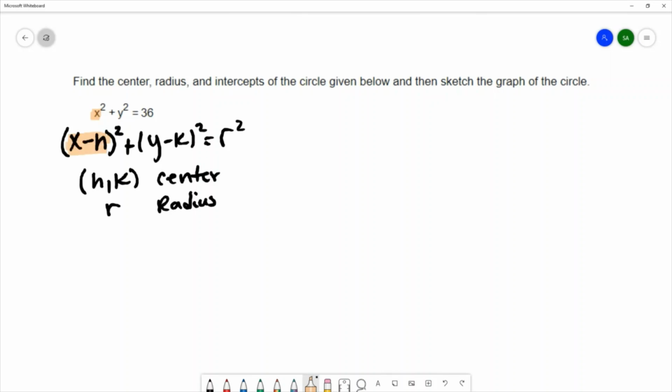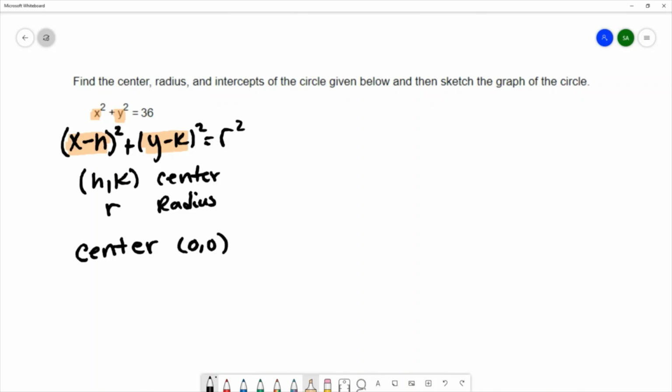So for our equation, we have x versus x minus h. We don't have a number that's added or subtracted there, so we're going to use h to be 0. And the same thing goes with the y term. Y is by itself. There's no number added or subtracted. So for our center, we're going to use the origin, which is (0, 0).